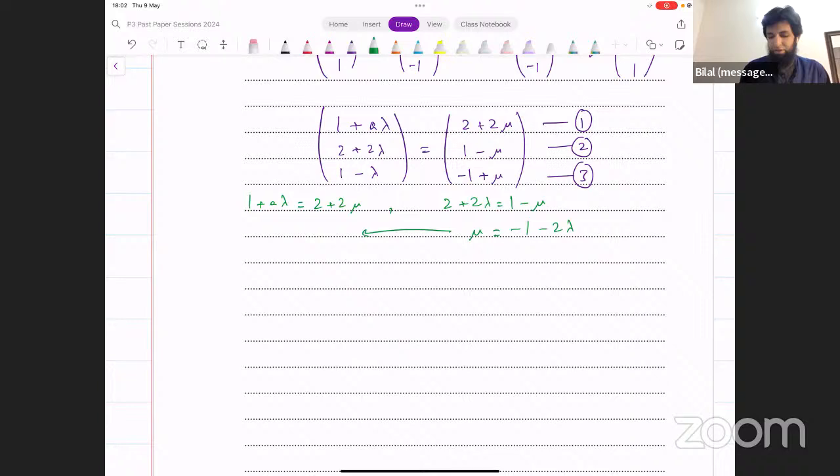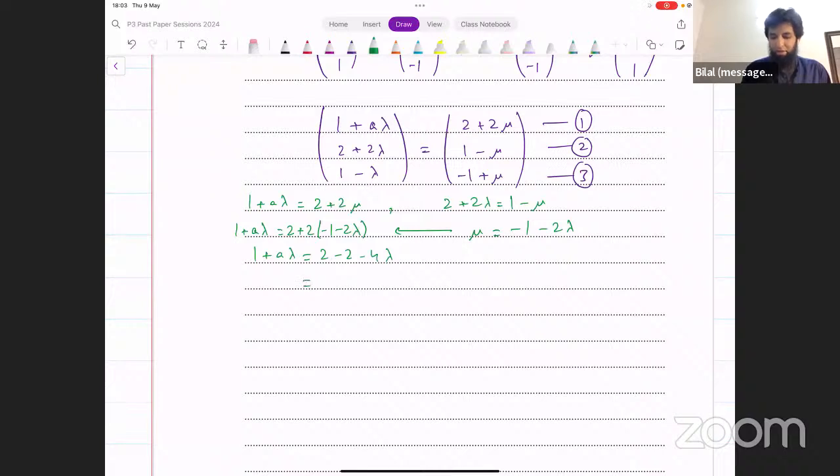Put this in the first equation. That gives us 1 plus a lambda equals 2 plus 2 into minus 1 minus 2 lambda. Yeah, that looks okay. 1 plus a lambda equals 2 minus 2 minus 4 lambda.